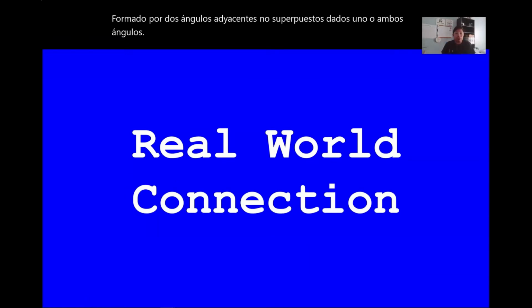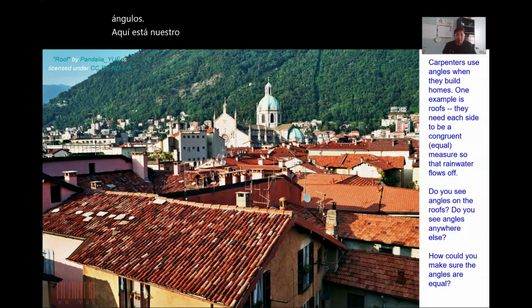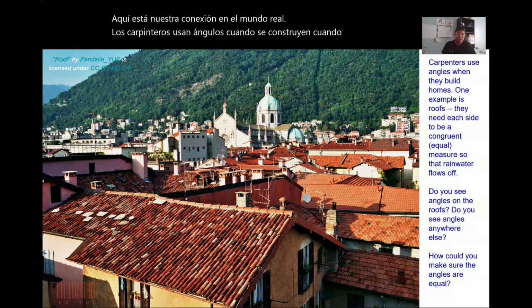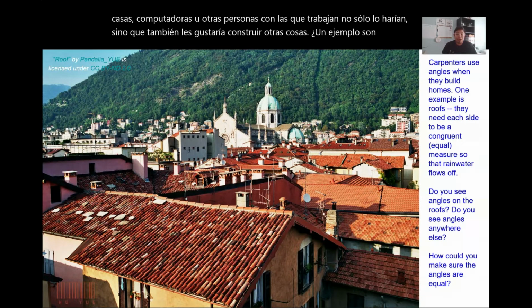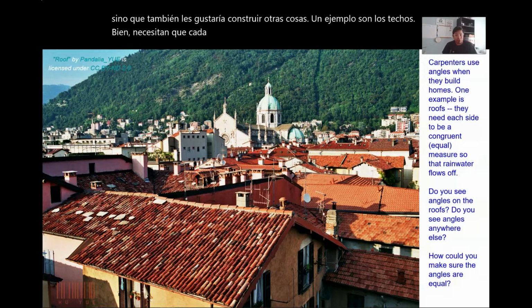Here is our real-world connection. Carpenters use angles when they build homes. So carpenters are the people that work with wood, but they like to build other things as well. One example is roofs, okay? They need each side to be congruent, equal, remember congruent means equal, the same measure, so that the rain flows off.